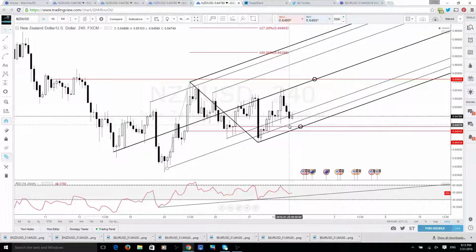So going back to my previous statement, if you took a long here with just a 10 pip stop, it's like a hope and pray trade, but still you would be up I don't know how much, 20-30 pips, right? So with a 10 pip stop, you would have a 3-to-1 trade. Okay. All right.